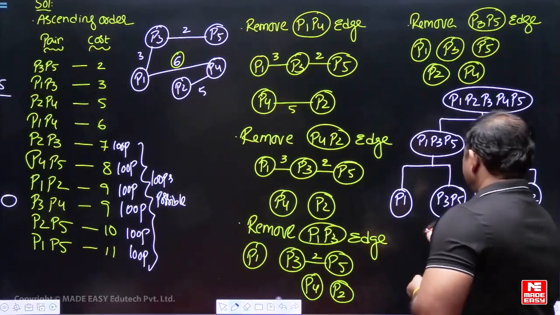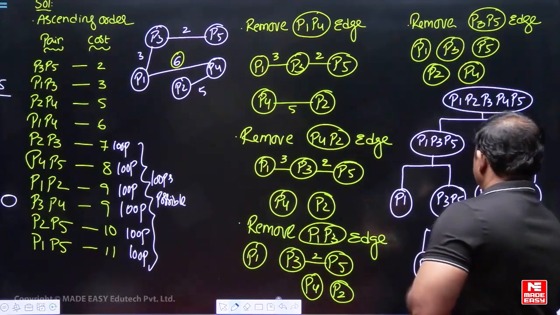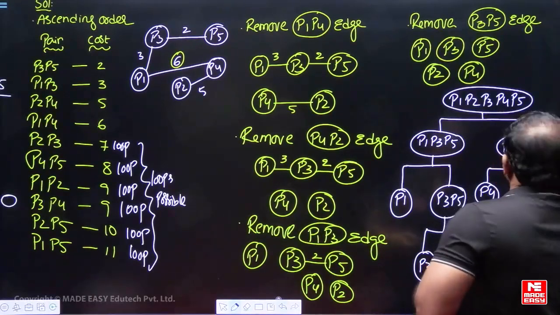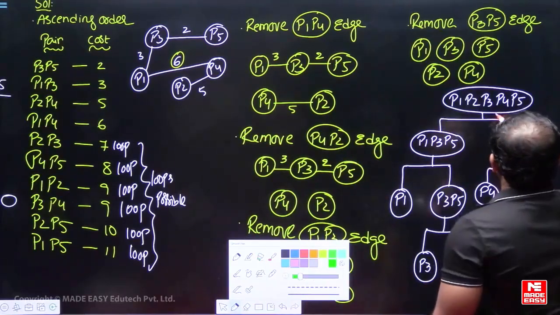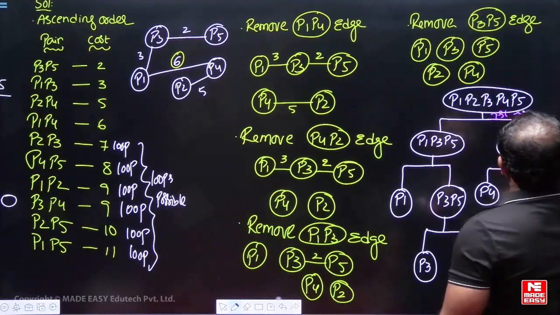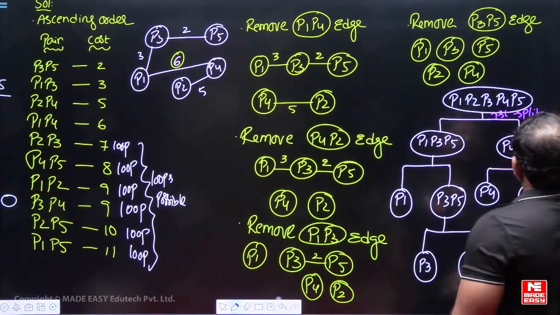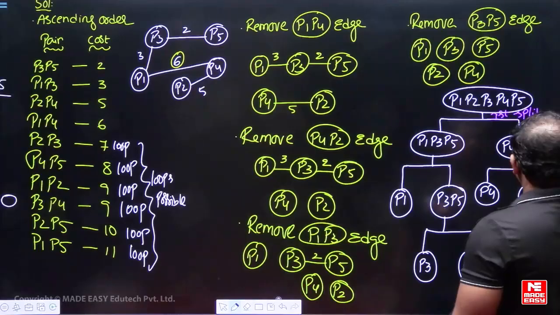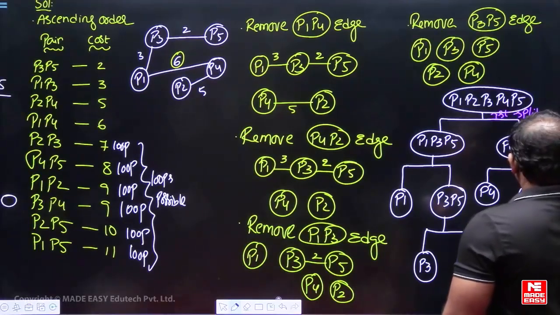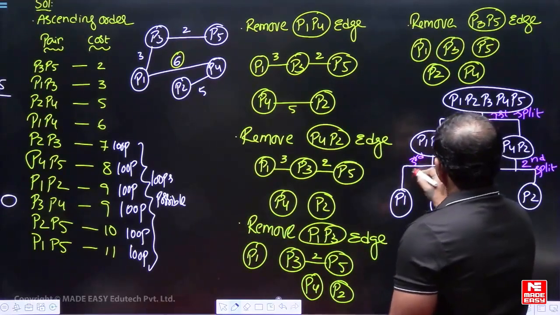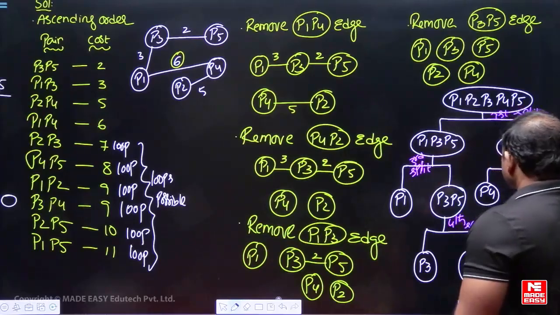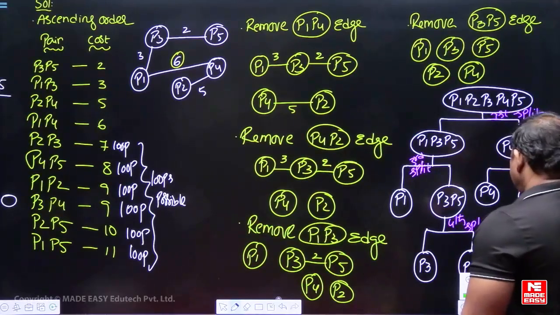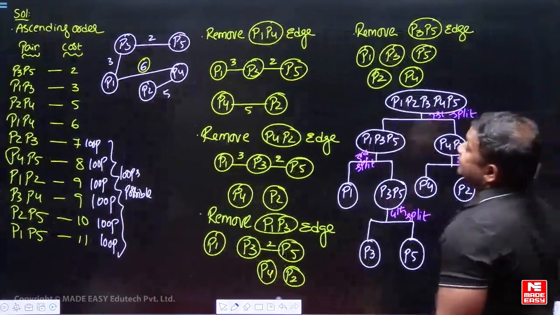Now P3, P5: P3 separate, P5 separate. Is it okay? Right. This is the first split, this is the second split, this is the third split, this is the fourth split. Like this, we are arranging the data.